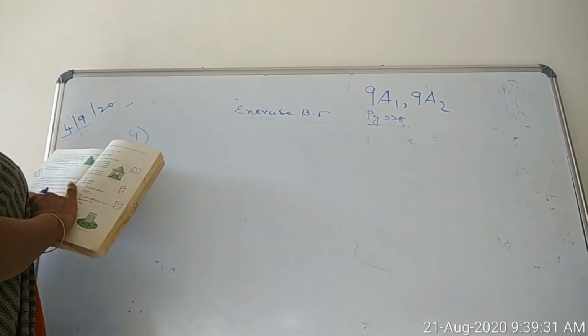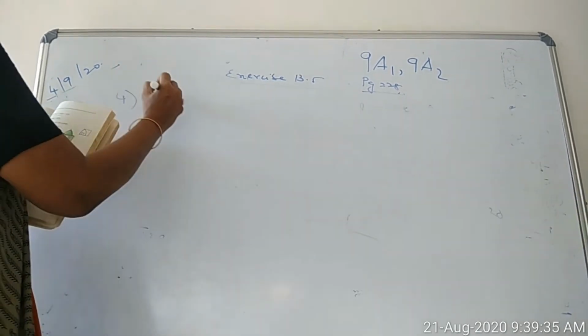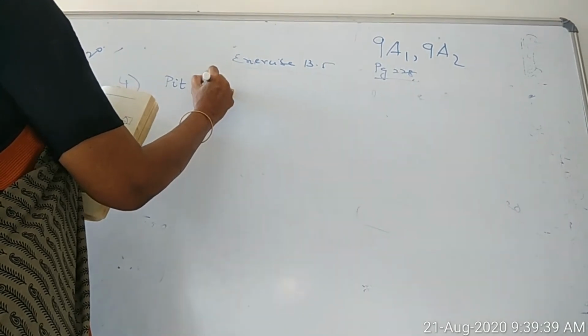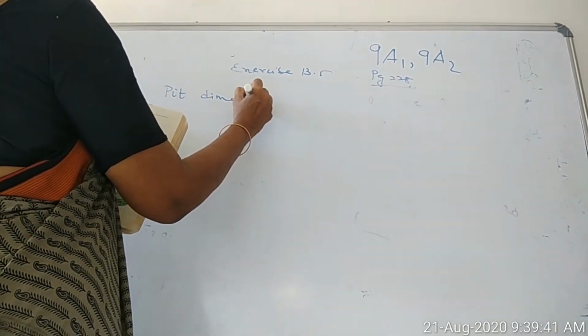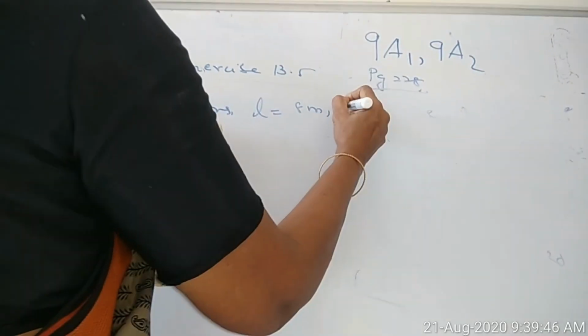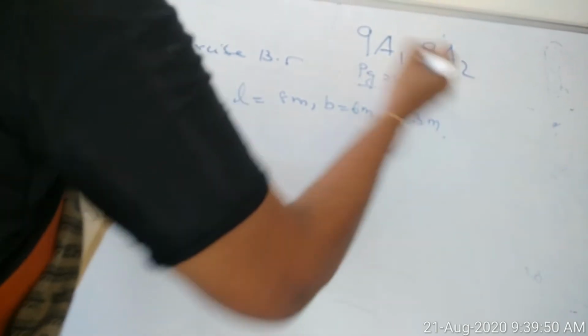A pit's dimensions are given and you are asked to find the cost of digging the pit at the rate of rupees 30 per cubic meter. The pit dimensions are what? Length 8 meters, breadth 6 meters, height 3 meters. Deep means height.